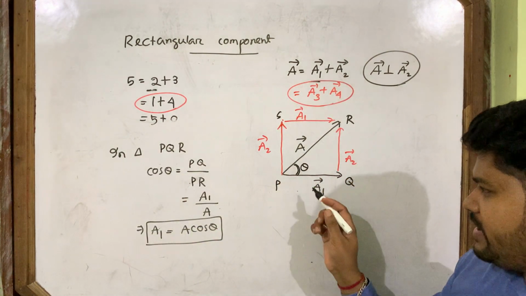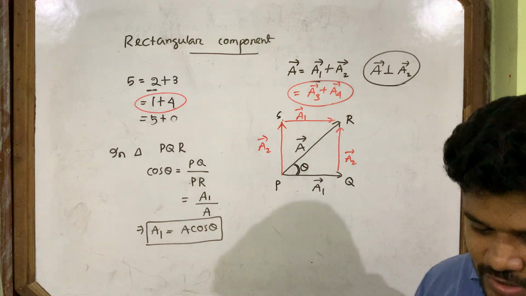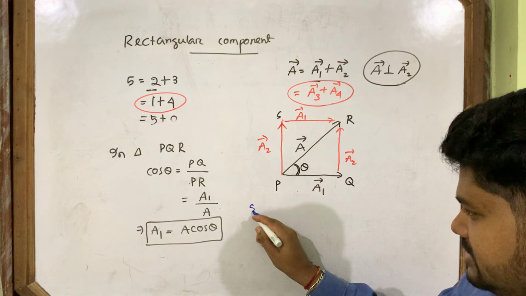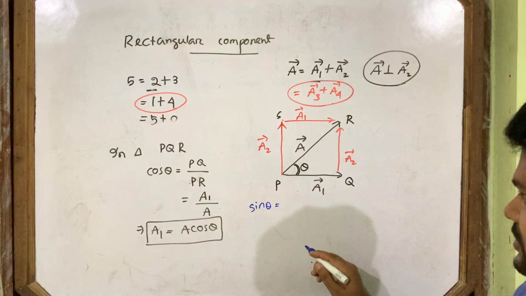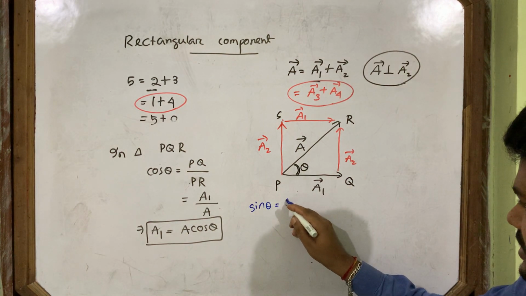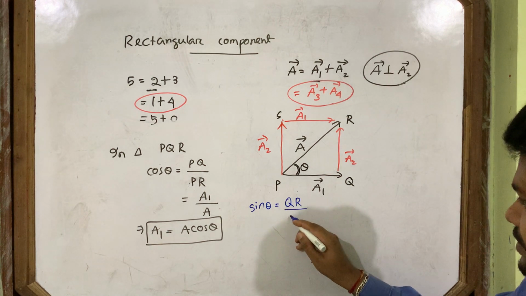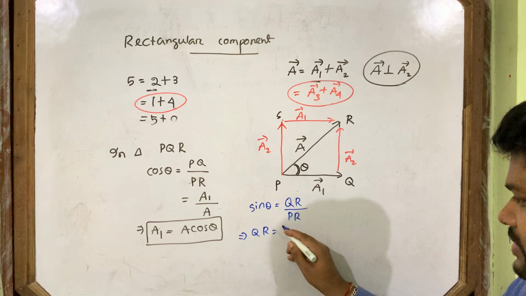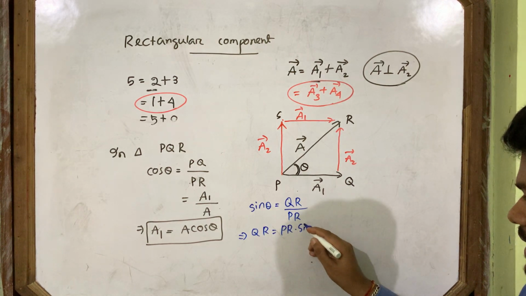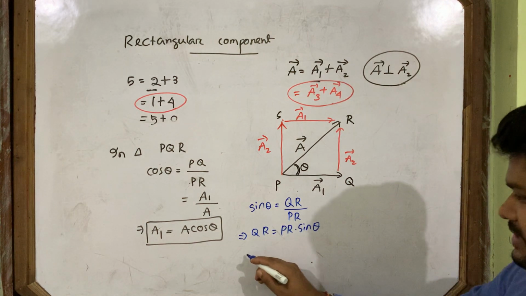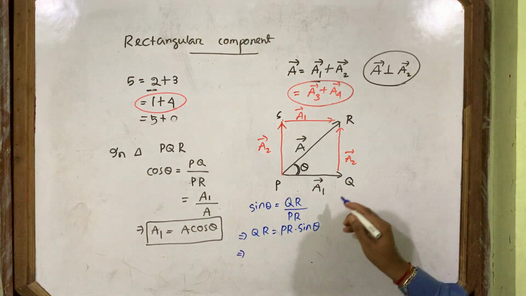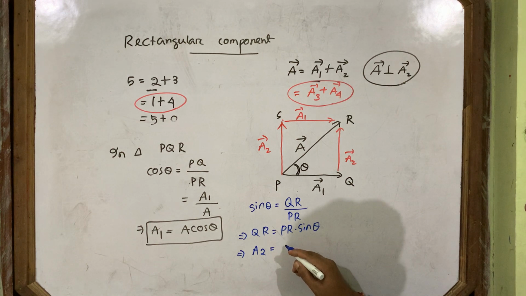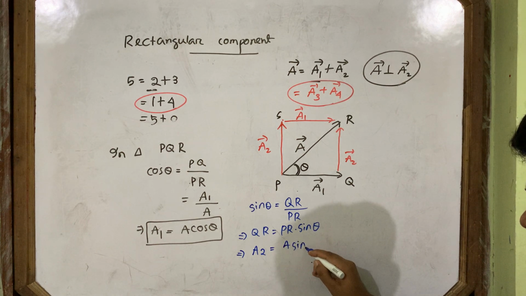If I tell you how to find a2, also in the same triangle, now you use sin theta is equal to QR by PR. So QR is equal to PR sin theta. What is this QR? QR is a2. And it is a sin theta.